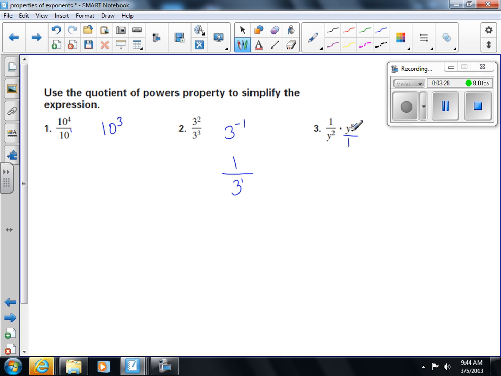So really, what's 1 times y to the 8th over y to the 2nd? Okay, now I can apply my rule. And what do I have? Y to the 6th power. I subtract the powers or the exponents. 8 minus 2 is 6.